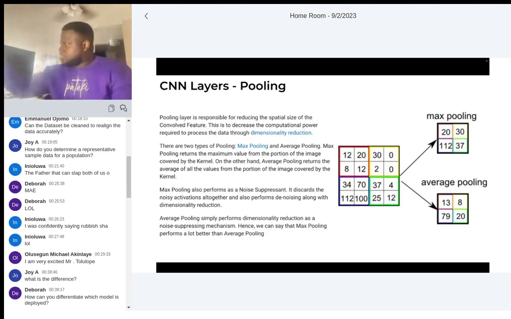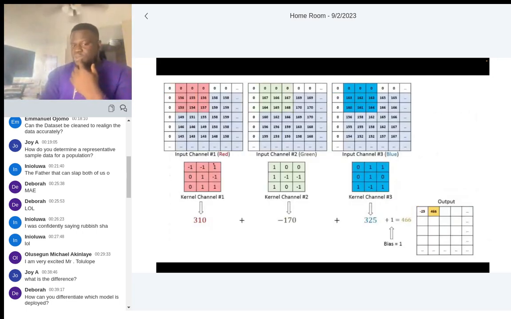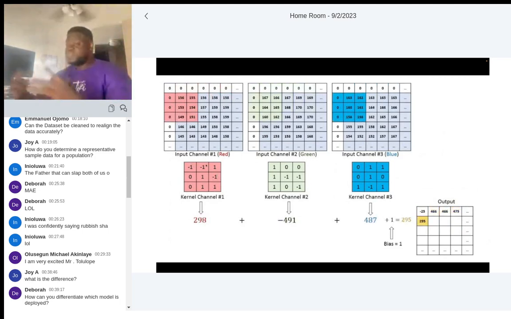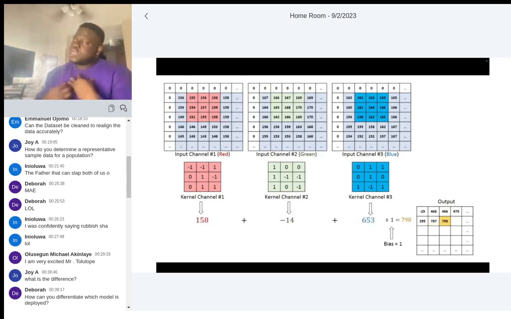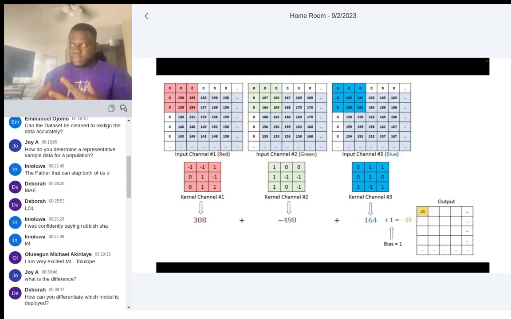So there are two types of pooling: max pooling and average pooling. In max pooling, maybe the pooling window, the kernel window, is 3x3. The kernel window can be 4x4, 5x5, 6x6. It can be any amount depending on your design. Usually people use 3x3.